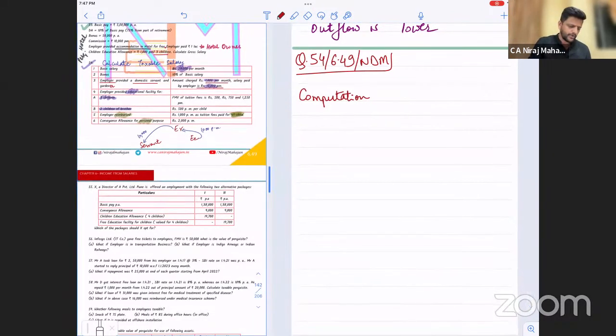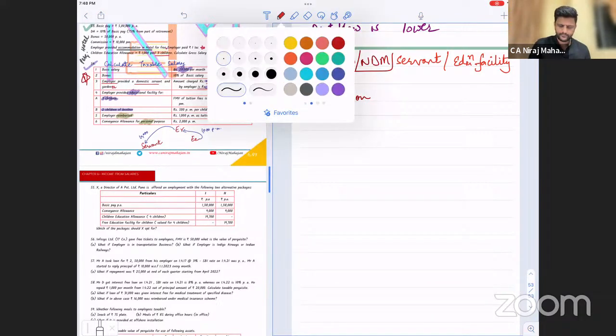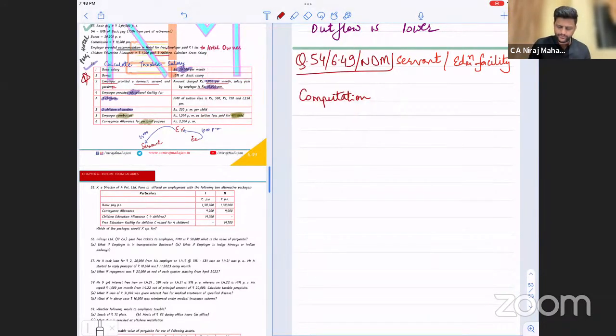Give it a star mark for your conceptual clarity question. But this is what? Servant. And which one? Education facility. Computation of taxable salary.